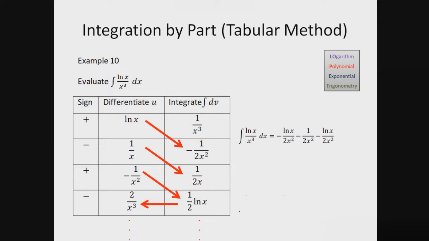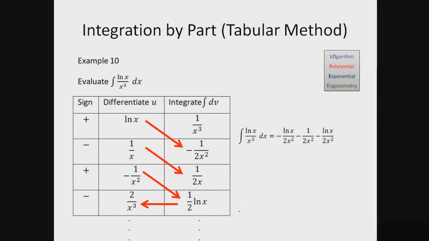Following the arrow, we multiply by 1 over 2x. So basically, we have negative 1 over 2x squared. The third term is connected with the positive sign, along with negative 1 over x squared. Following the arrow, we get 1 over 2 multiplied by 1 over 2 ln x. So we get ln x over 2x squared.